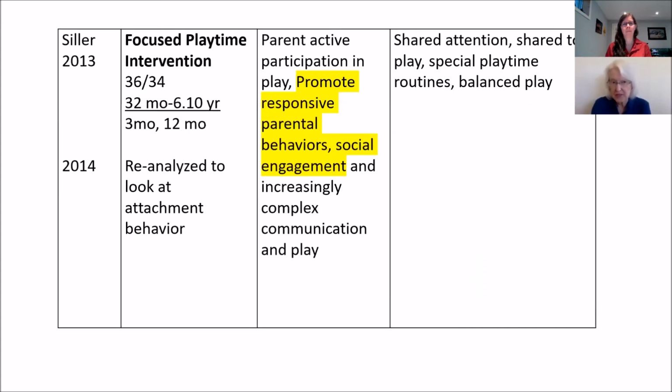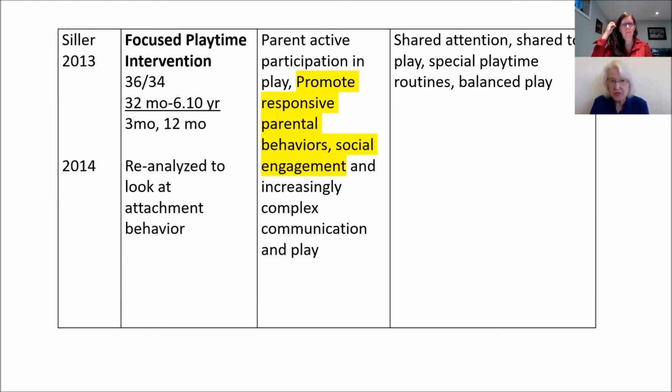And then Michael Siller in 2013 used a methodology called focused playtime intervention. This is another randomized control trial, again looking at responsive parental behaviors and social engagement.